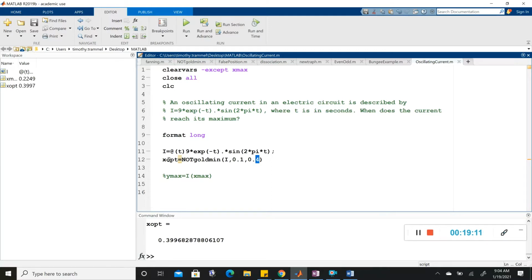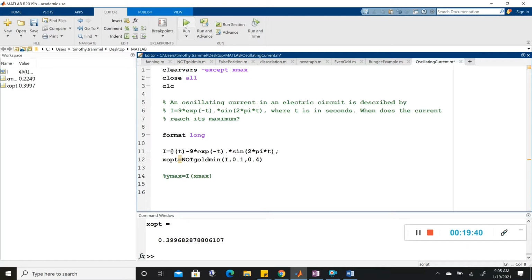One is our Goldman is meant for finding minimums, and we're looking for a maximum. All we have to do to fix that is put in a negative here, right? If you put a negative there, all your maximums will become minimums, and all your minimums will become maximums. So now that maximum we're looking for will now be a minimum on the graph. But again, all we really care about is this x value right here.